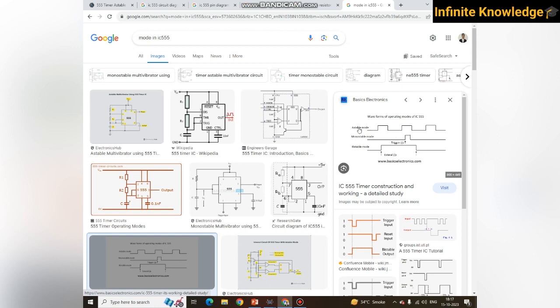There is no external signal needed to change its state. There are three modes in the IC-555: one is astable mode, another is monostable mode, and the last one is bistable mode. What is monostable mode? Monostable mode means it remains in one state. Once it gets a trigger, it changes its output state for a particular time.